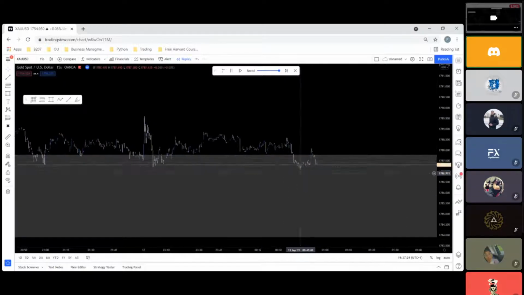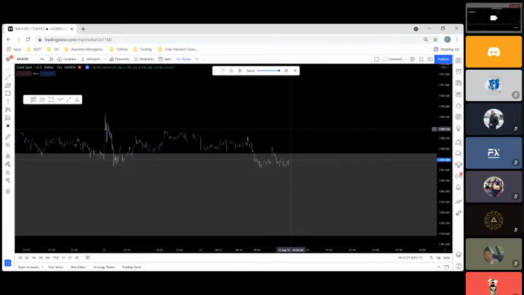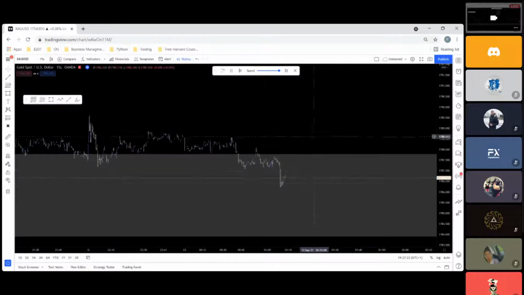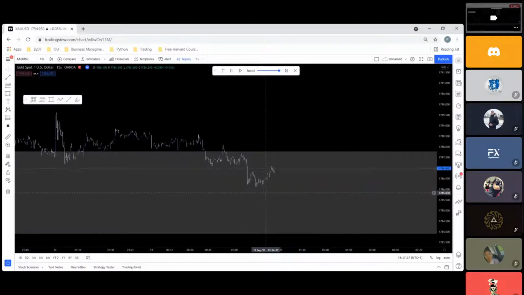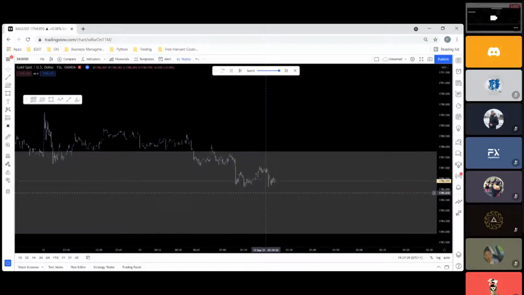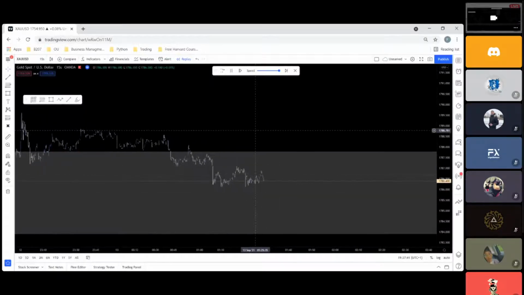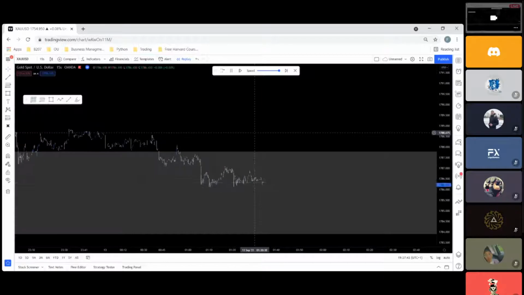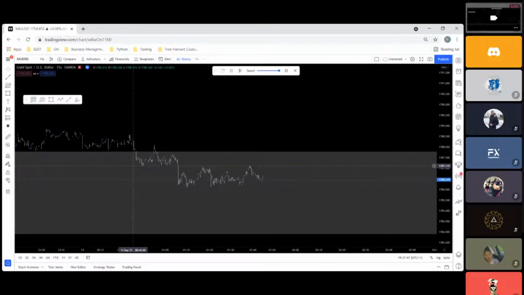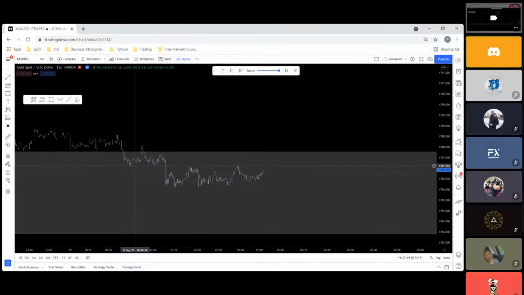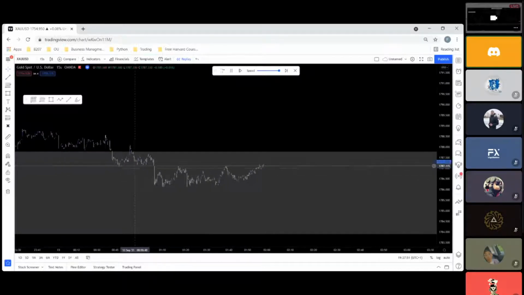So maybe some Wyckoff forming here. Some equal highs there. There's nothing I see that I like at this stage.